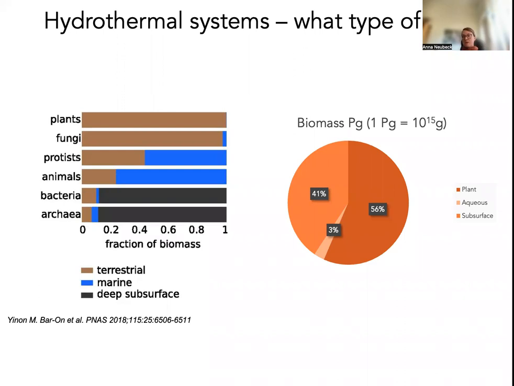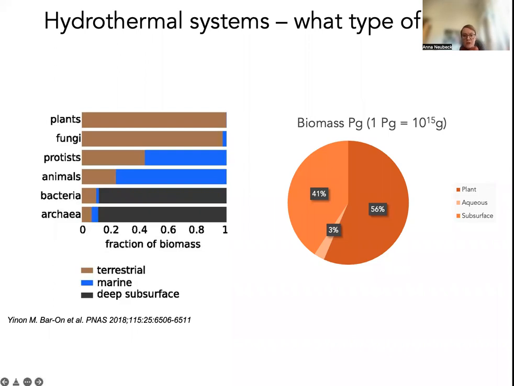And some estimations have been done of how much biomass is in the subsurface compared with the terrestrial environment. As much as 41% of the biomass has been suggested to be in the subsurface environment. That is disputed, of course, because it's quite difficult to estimate the actual biomass.